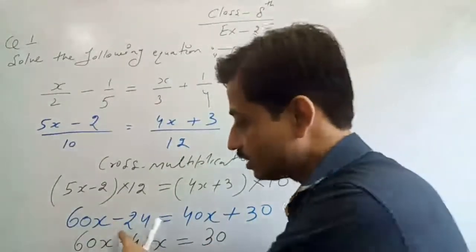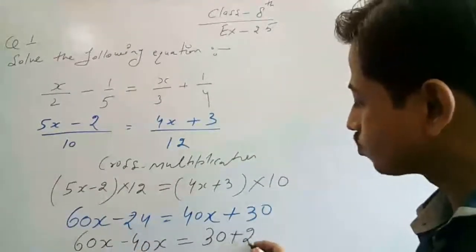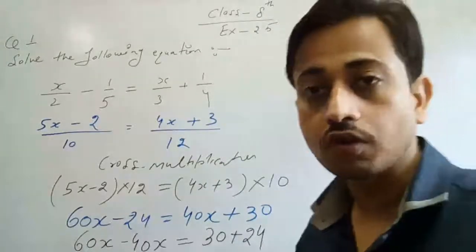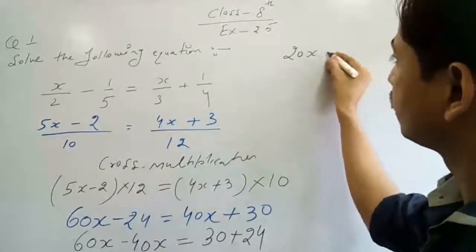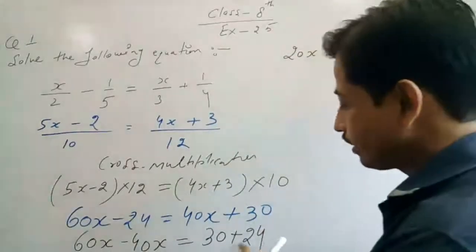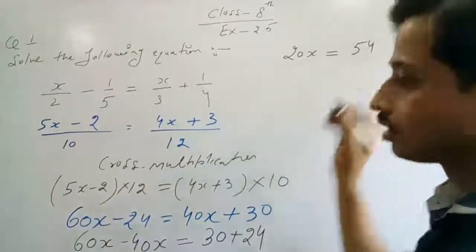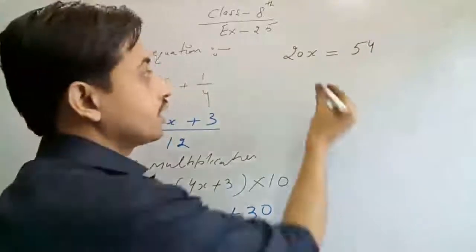We have to take this negative 24 to the right hand side, so it becomes plus 24. Now 60x minus 40x we get 20x is equal to 30 plus 24, which is equal to 54.